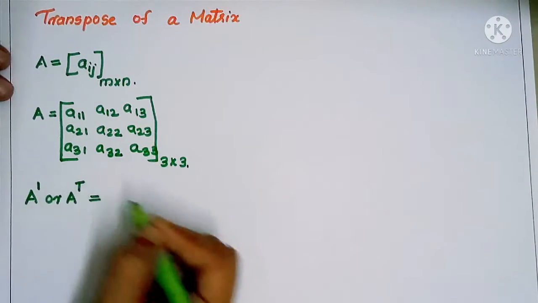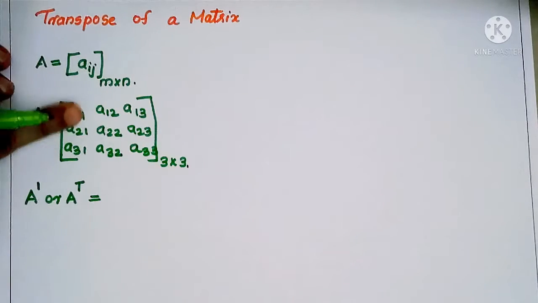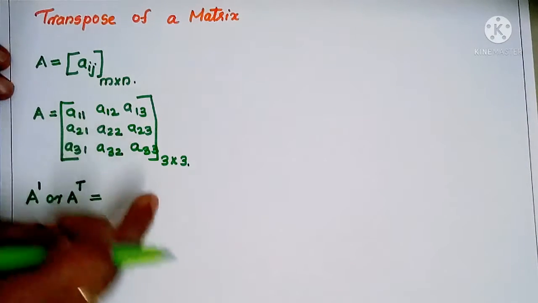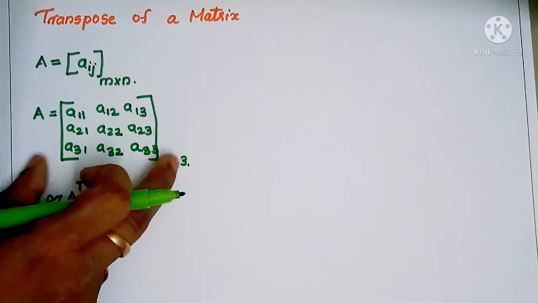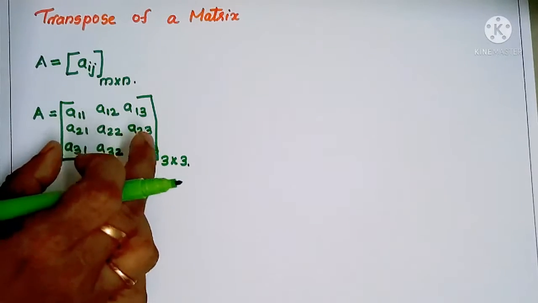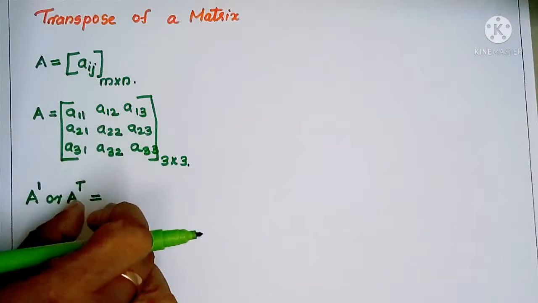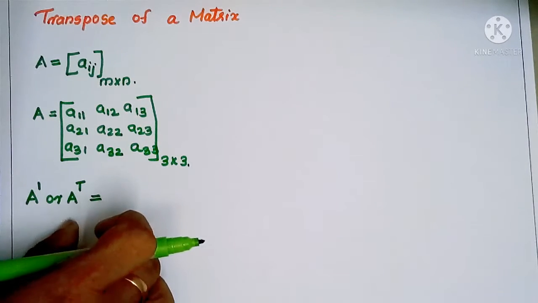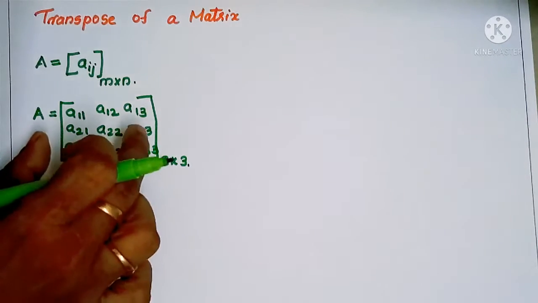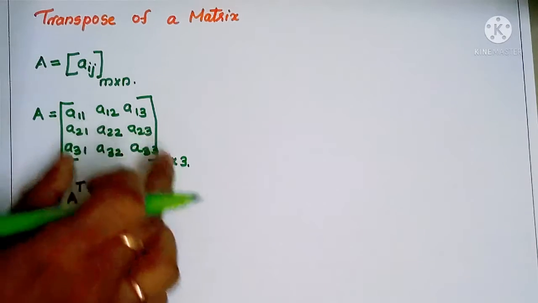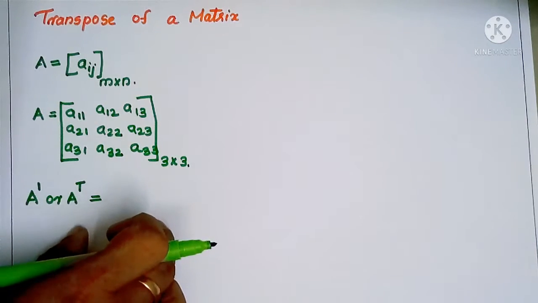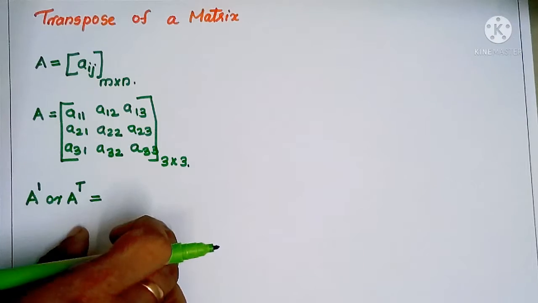Here we are going to find the transpose of this matrix. That means we change the rows and columns. The rows of matrix A become the columns of the A transpose matrix. Also the columns of matrix A become the rows of the A transpose matrix.